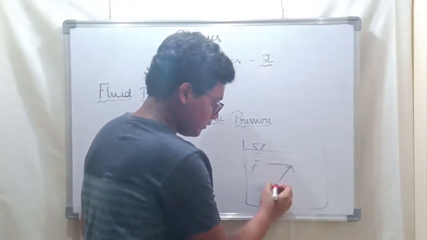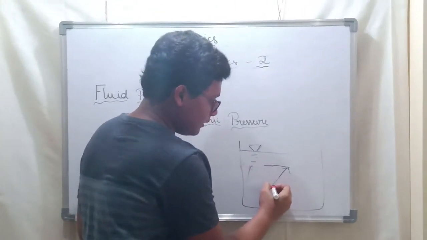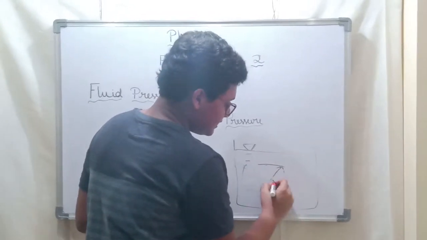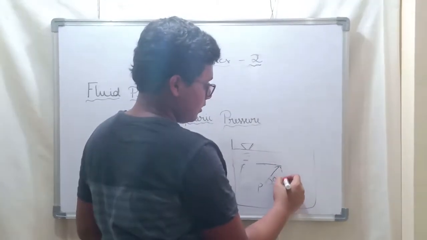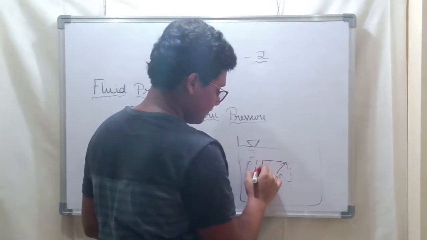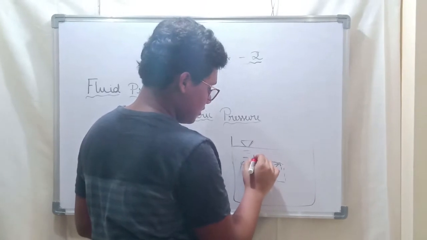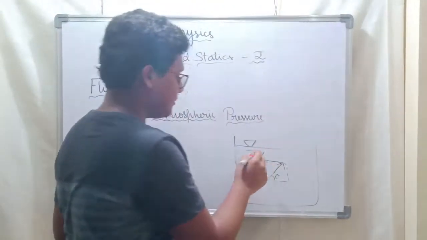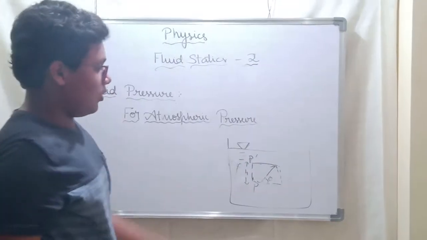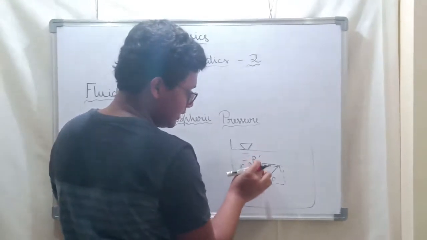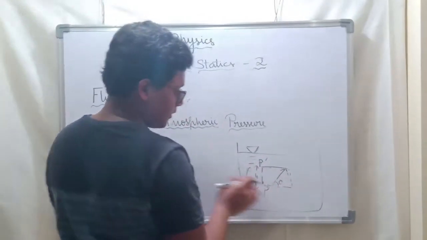From here we will take this angle theta, and height h. This is P dash, we will take this point. For this, we need the pressure here.